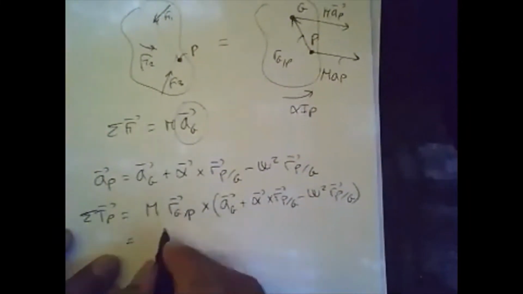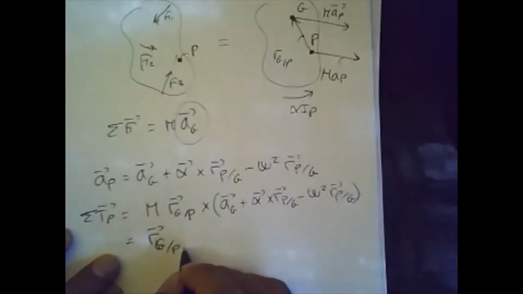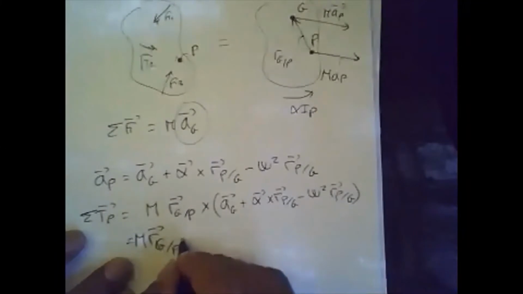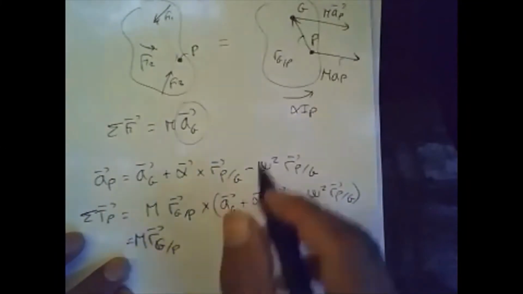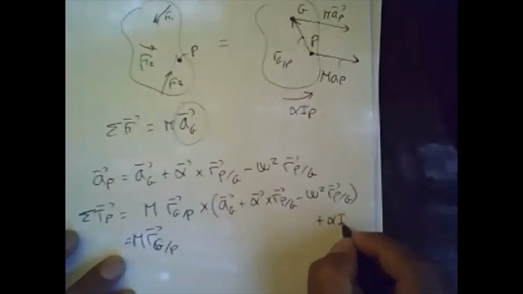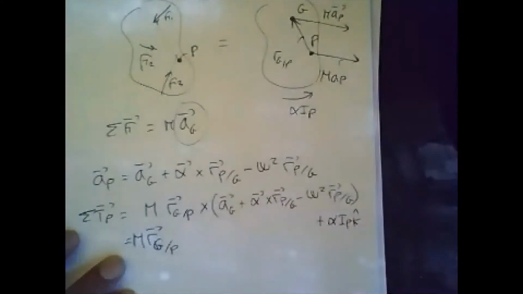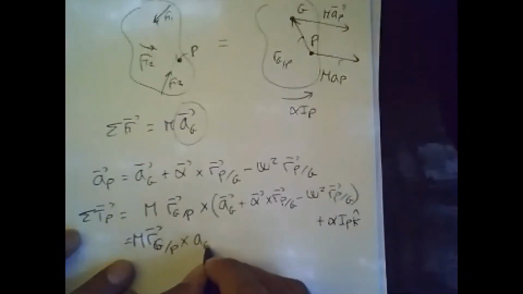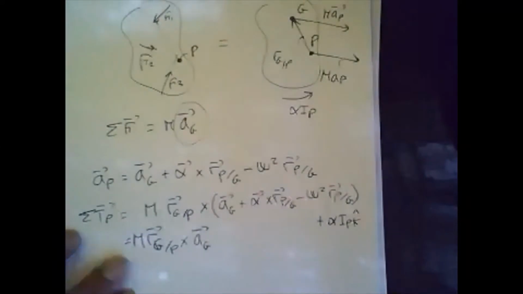So this is going to end up, r_G with respect to P, and I have the M before. And we have this term, right? We don't want to miss the last term, alpha I_P k. All right. So the first term is going to be what? M r_G with respect to P cross a_G.